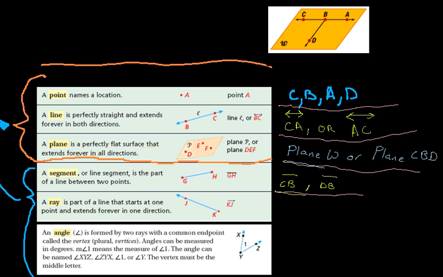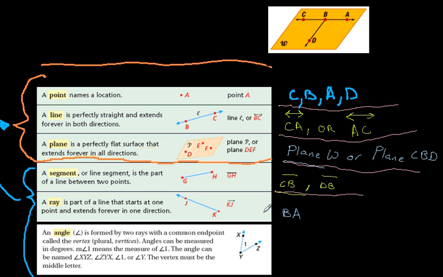So how do you actually write this? Well, you write it by starting with the endpoint. So if I'm starting at B and moving in the direction of A, I'm going to start with B. And I'm going to write A because A indicates the direction that the ray is actually going.